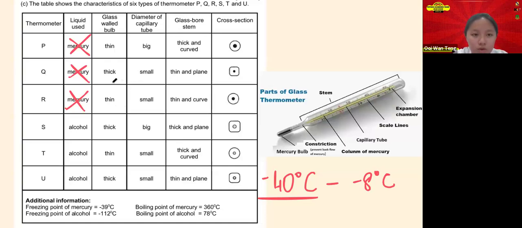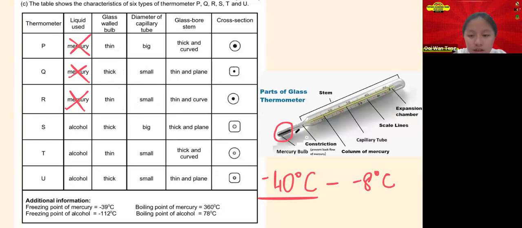The answer is we should choose a thin glass wall bulb because heat can transfer into the thermometer easily. This is the glass wall bulb, if you are not sure which part it is. We should choose a thin one because heat can transfer into the thermometer easily.